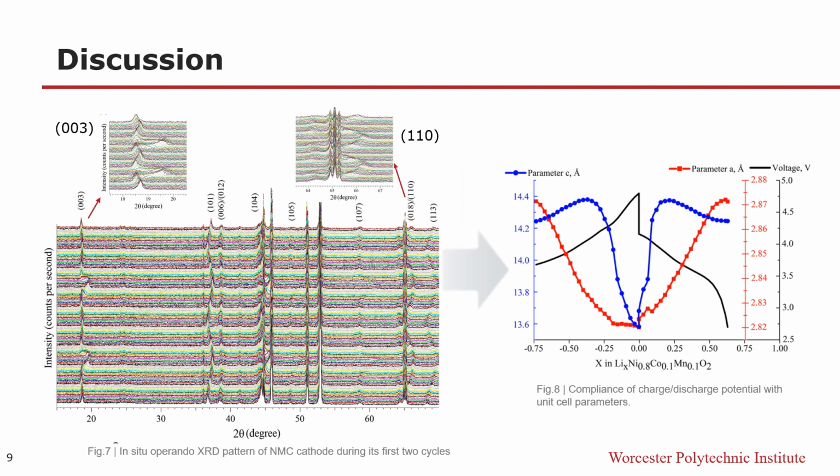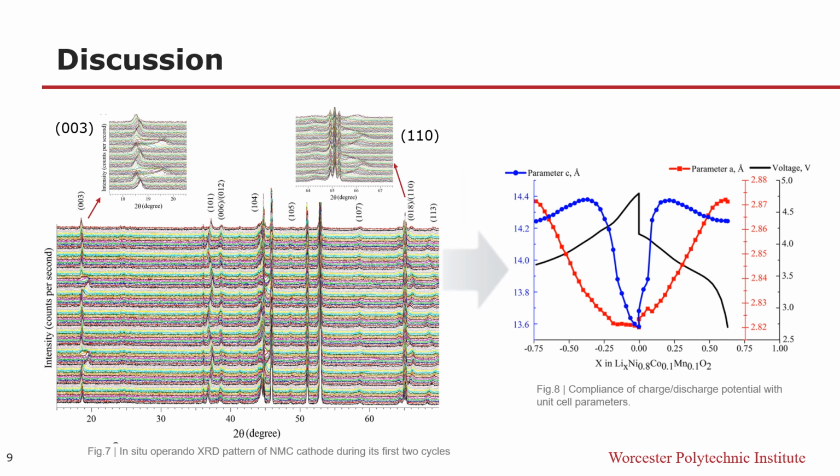At the third stage, parameter A doesn't change, so the charge compensation no longer proceeds with oxidation of transition metals, but only with the release of lithium and oxygen.